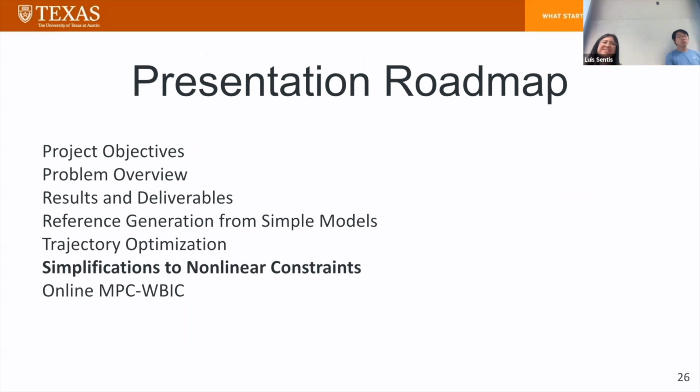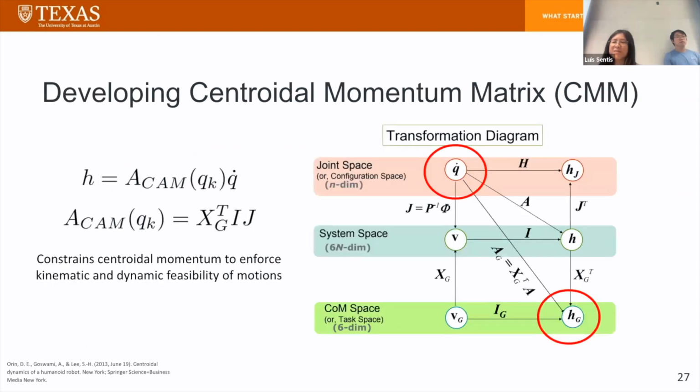Okay, so to give our optimizer a little bit of an easier time, we tried to simplify our nonlinear constraints, mainly the angular momentum constraint shown here. This is from a paper by Orin. You can think of A_CAM as the I and q-dot as omega.